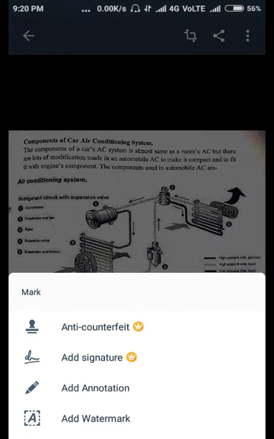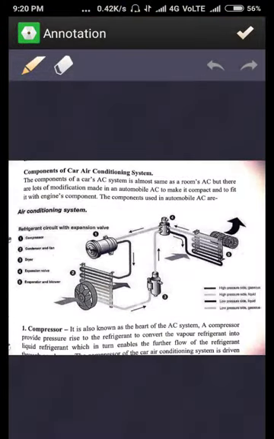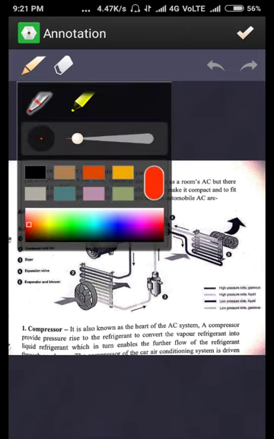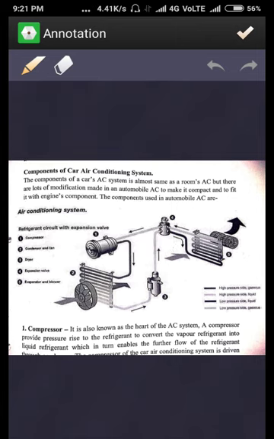So as you can see here, I will show this in red color only. This is the first and most important component of this car AC, which is called the compressor.